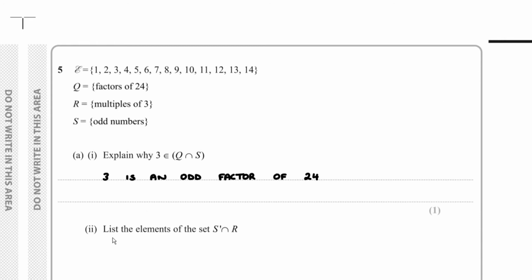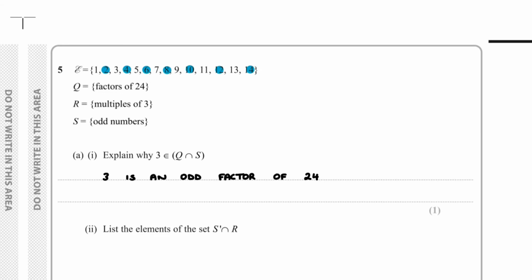For the second part of part A, list the elements of the set not S and R. So, those which do not belong to S, meaning those which are even numbers, we have 2, 4, 6, 8, 10, 12, 14, and R are the multiples of 3.